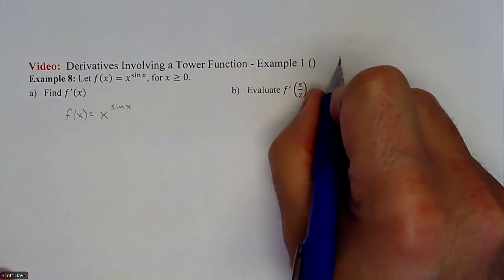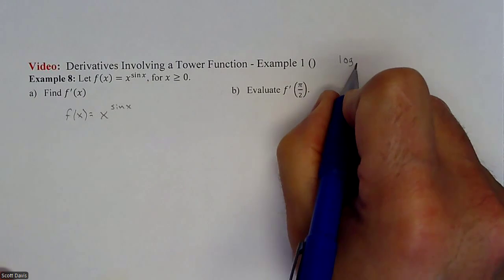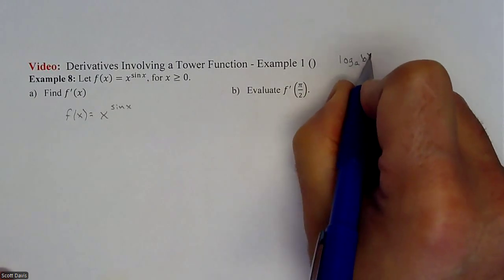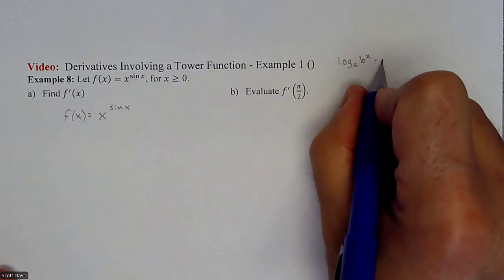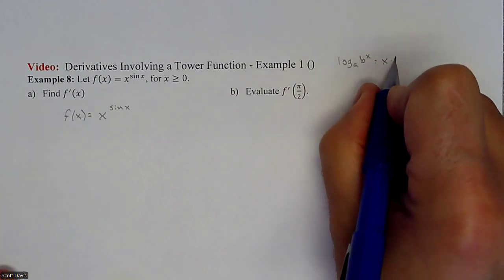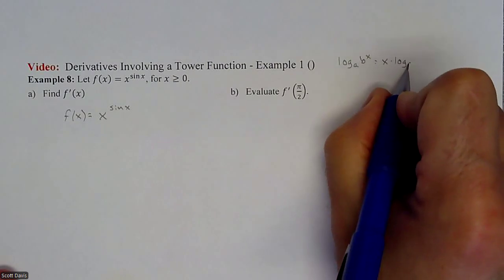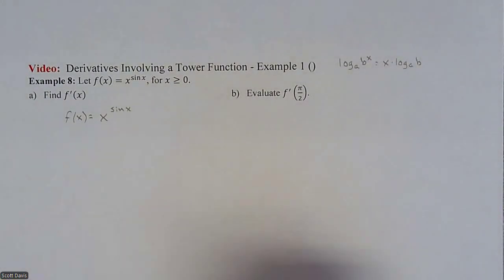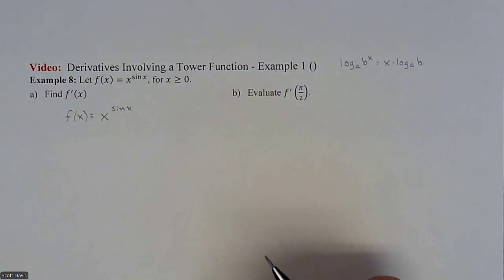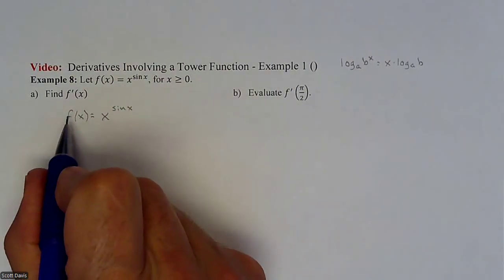And so we have a property with logs that if you have some sort of a value that has an exponent attached to it, you can rewrite it by pulling that exponent in front. Now I bring that up because we can use this property to help us. We just don't have a log yet. So we're going to introduce a log.